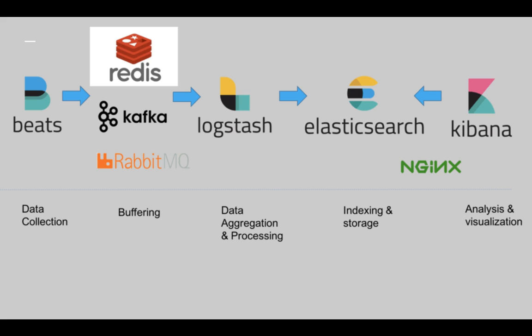Then, for buffering, we have Redis, Kafka, and RabbitMQ. For data aggregation and processing, we have Logstash. For indexing and storage, we have Elasticsearch. And for analysis and visualization, we have Kibana.